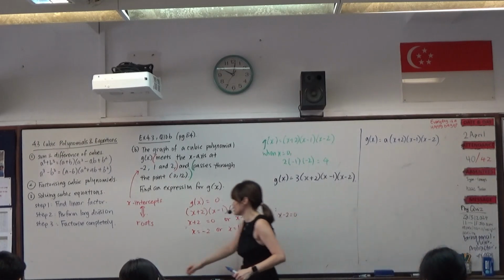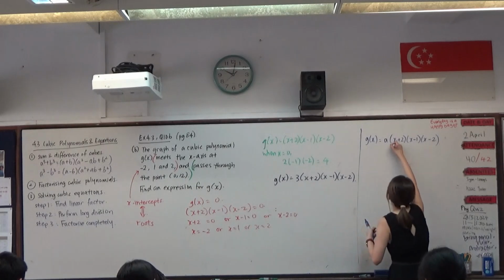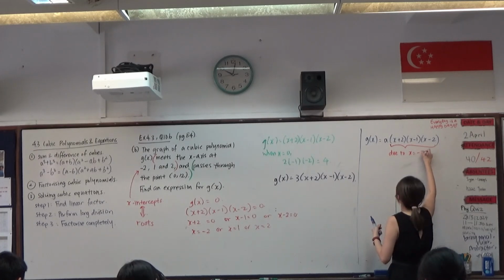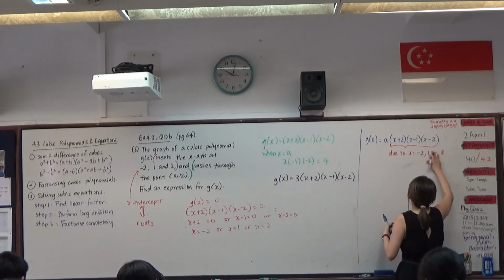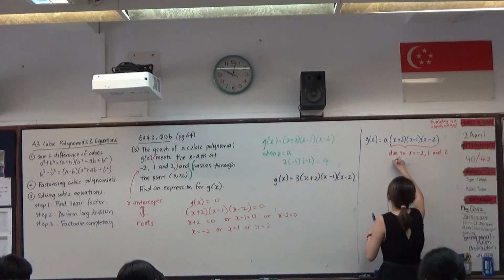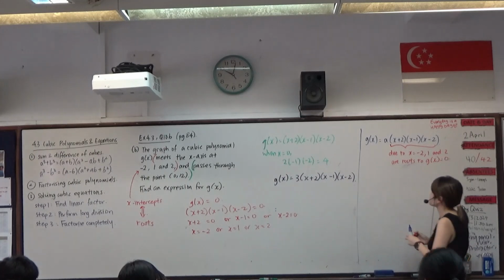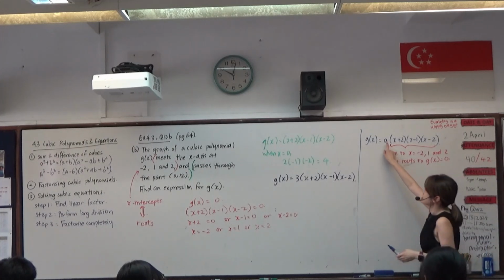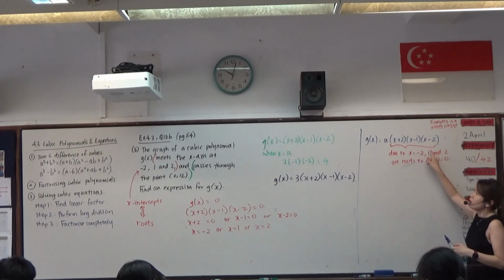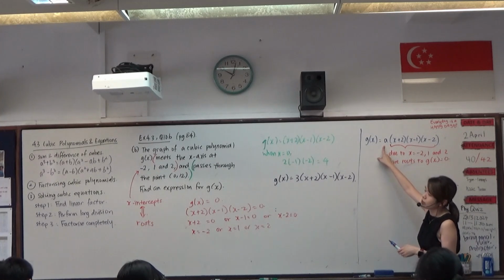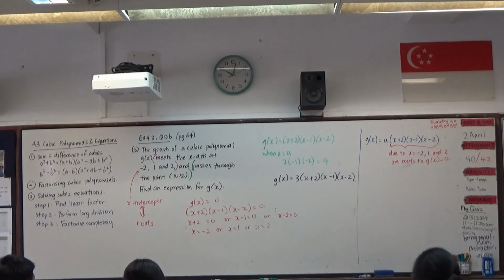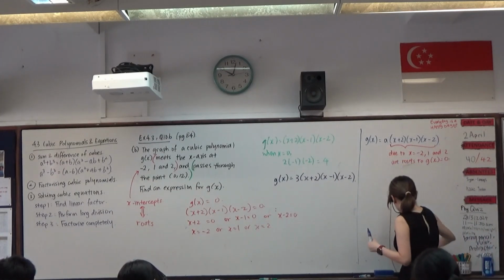How we got the factors, just for your note-taking purposes, is that x equals negative 2, 1, or 2 are roots to g(x) equals 0. So we cannot assume that the coefficient of x cubed is going to be equal to 1. You need this part here, the a, for the entire set of conditions to be true.